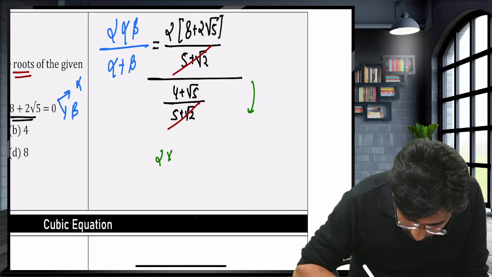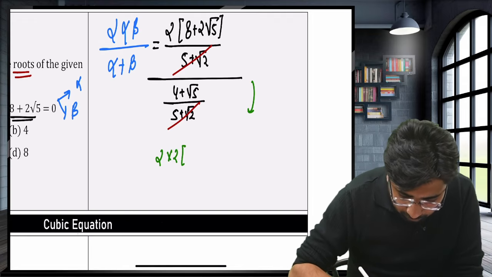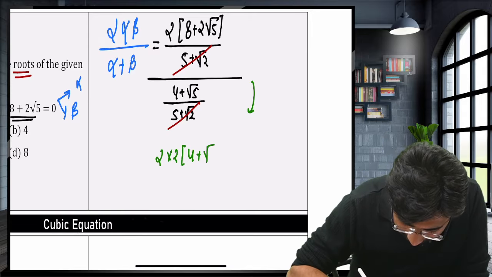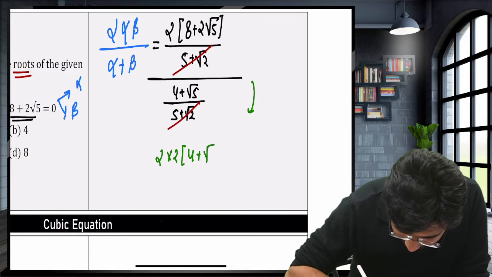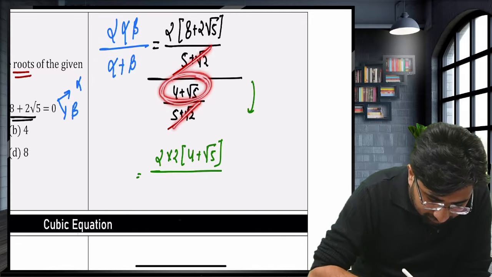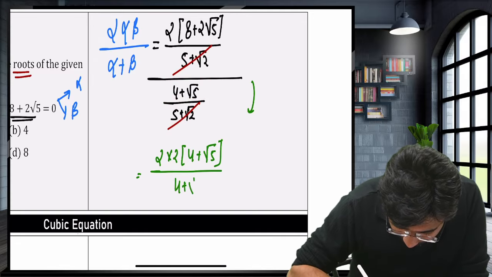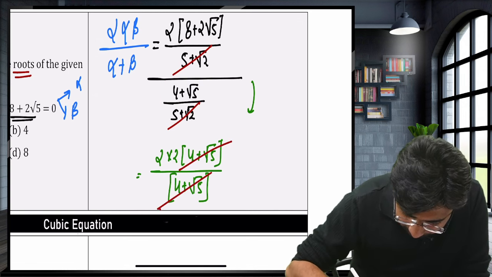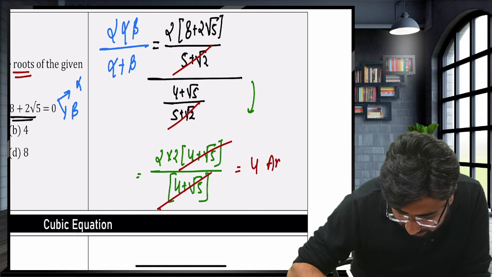If you take 2 common, what is left? 4 is left, and 2 comes outside, you have root 5, divided by this, and this was cancelled in the denominator. This is left, 4 plus root 5. Now this will cancel. 2 into 2 is 4, that is the answer.